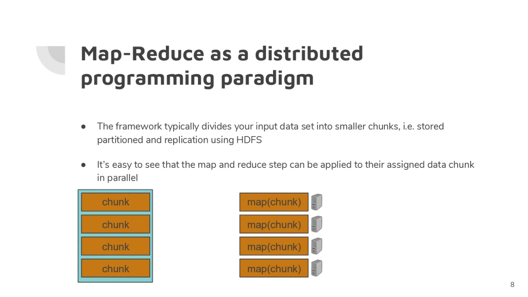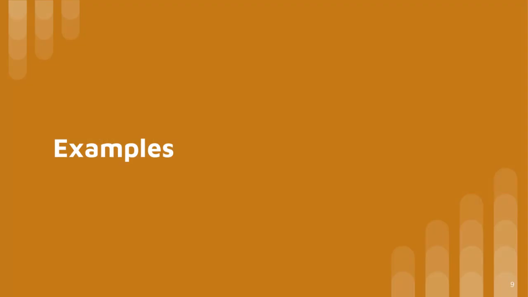If your data is partitioned in 4 chunks and stored on 4 different nodes, it's easy to see that the map function can just run on each node individually, and the reduce function combines data after the map function of several nodes. We'll see that in the next slides.